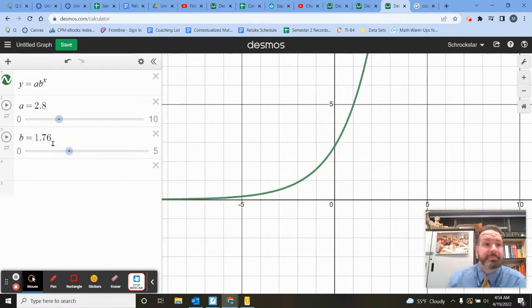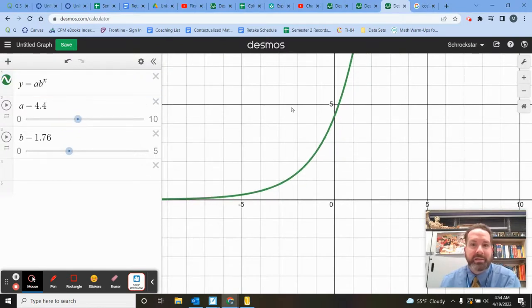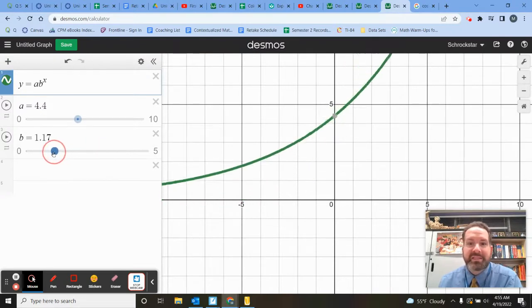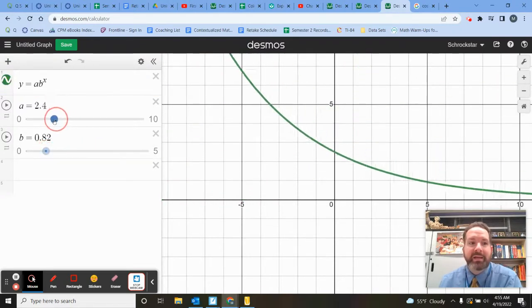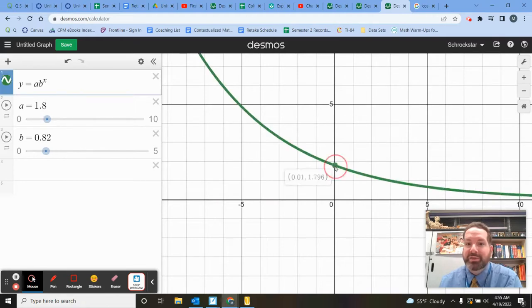Did you figure out what a does? A is 2.8, the y-intercept is 2.8. A is 4.4, the y-intercept is 4.4. Doesn't even matter if you have growth or decay. If A is 1.8, my y-intercept is going to be 1.8.